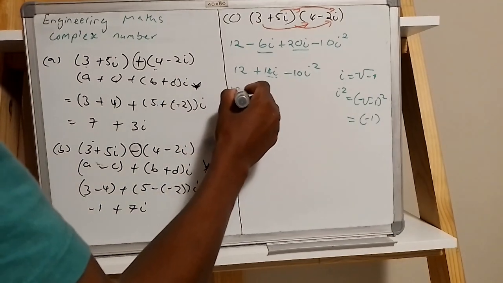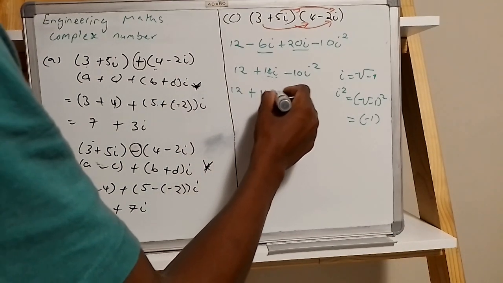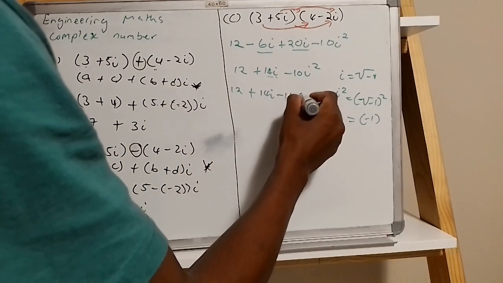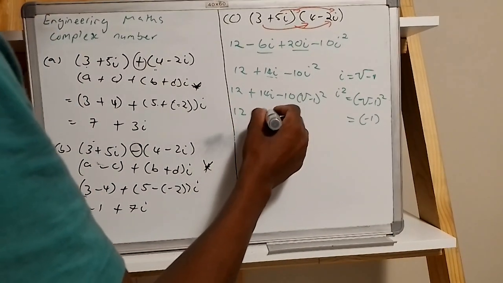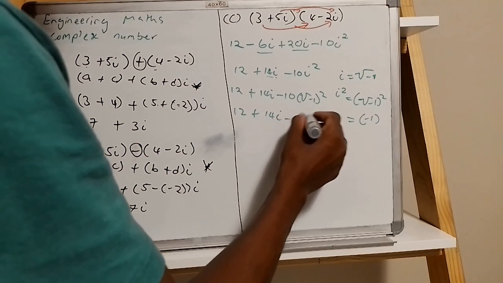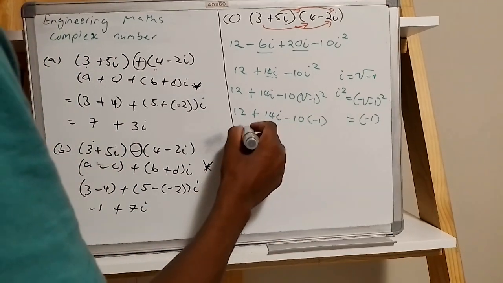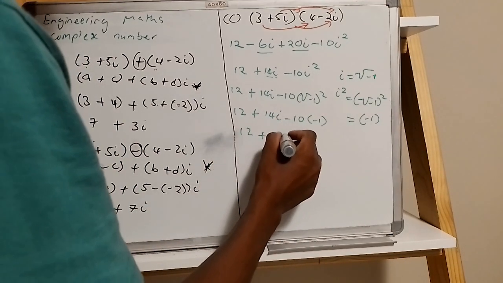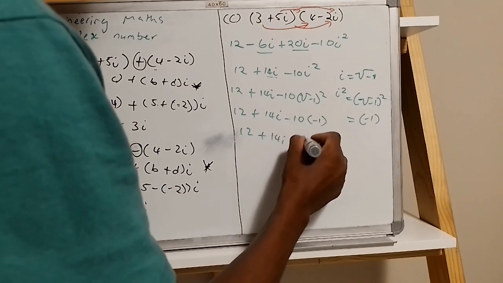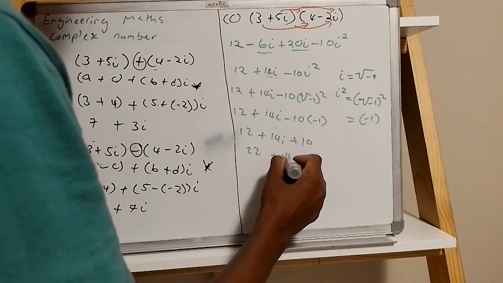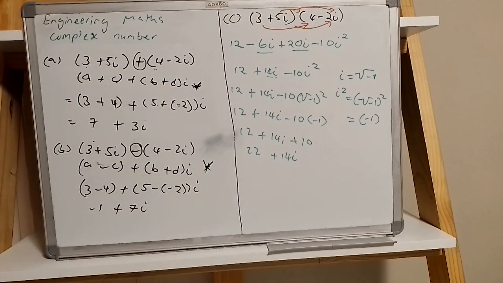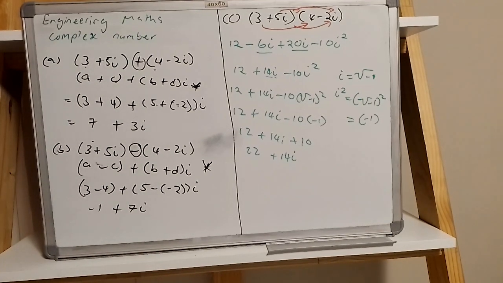So I'll have 12 plus 14i minus 10 times negative 1. Then 12 plus 14i, this is plus 10. This will give us 22 plus 14i. That is how we do multiplication of complex numbers.